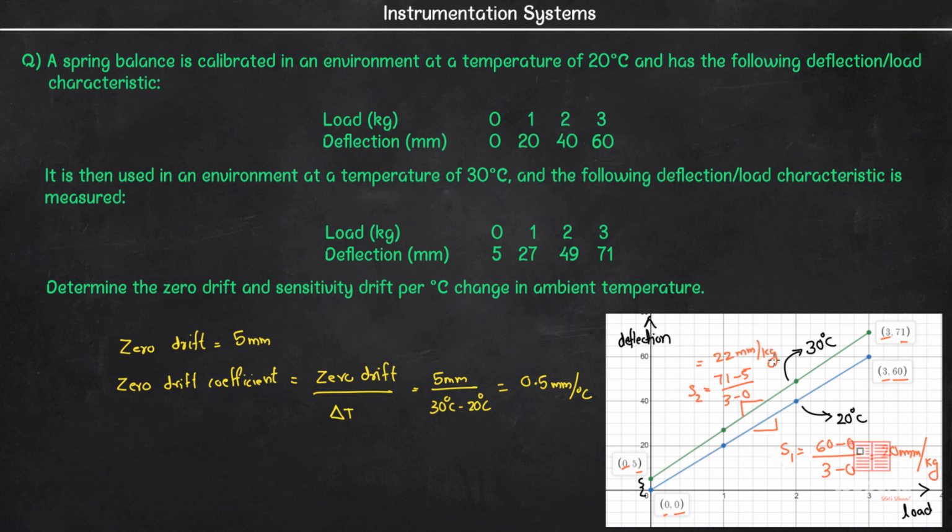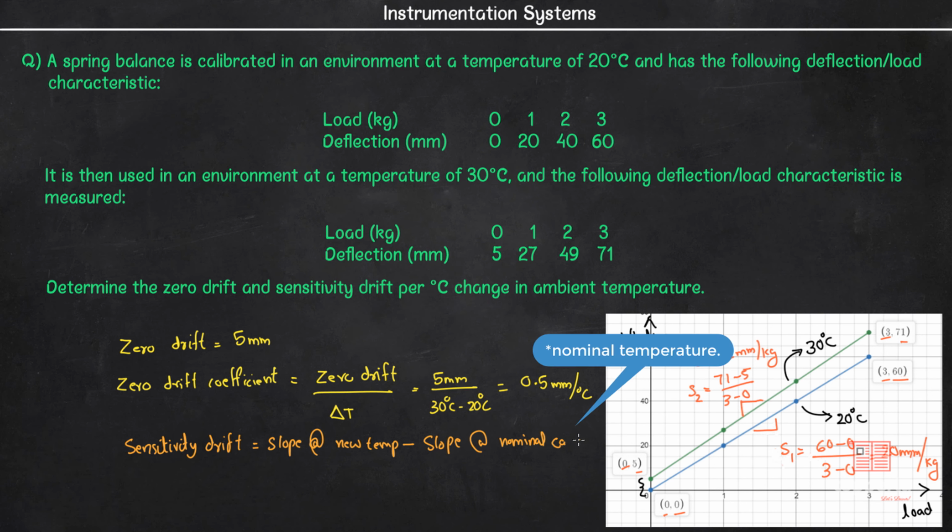Also we know that sensitivity drift is equal to slope of characteristic at new temperature minus slope of characteristic at nominal temperature, or the temperature at which the scale was calibrated.